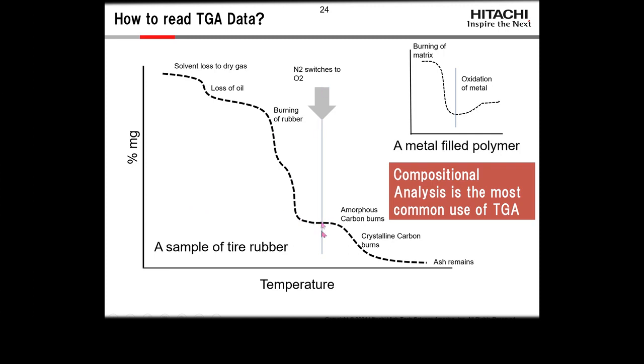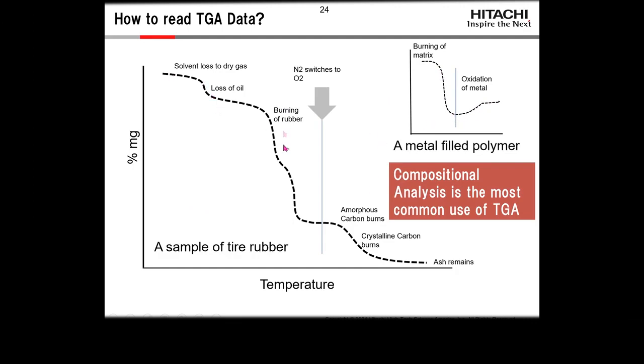At that plateau, we normally switch to oxygen. And above that, we have carbon burning off. First is amorphous carbon, and second is crystalline carbon. That would be graphite in most cases, but diamonds actually burn here too, if anybody really wanted to know. And if there's any metal in this, after we burn it off under oxygen, we're going to see a weight gain as the metal oxidizes.